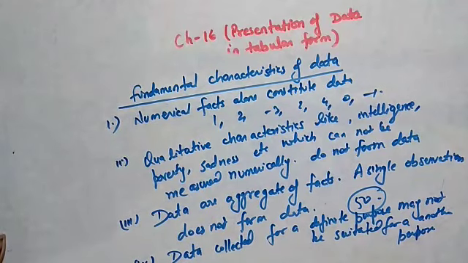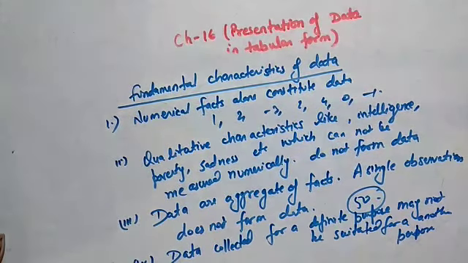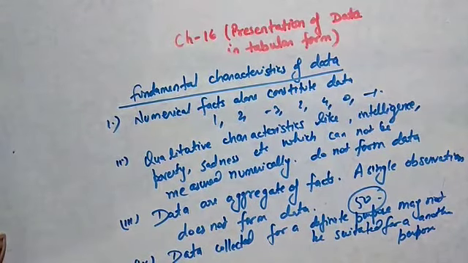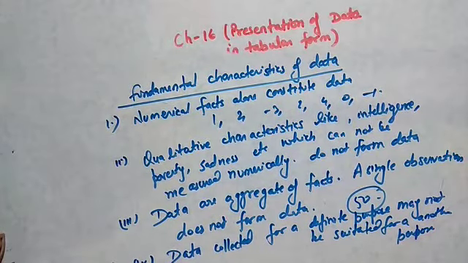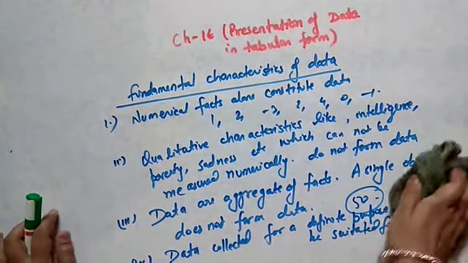Okay, for different event, for different institute, the data can be different. Okay, it's not possible that always we are having the same data for all the situations. Okay, so these are all different fundamental characteristics of data. Understood?